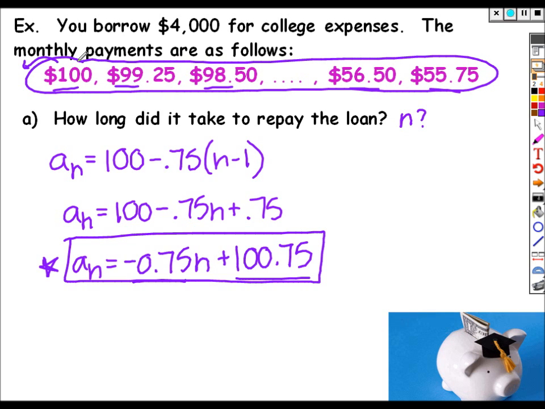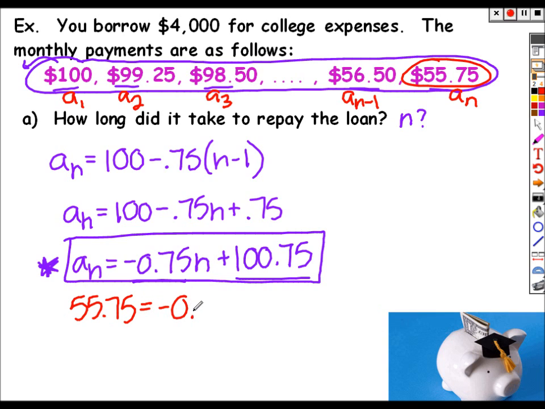So pause the video, see if you can figure out how many terms there are using this explicit formula that we just came up with. So this is like the term a sub n, but I don't really know what n is. So if I know the value of that term, plug that in, should equal negative 0.75n plus 100.75.